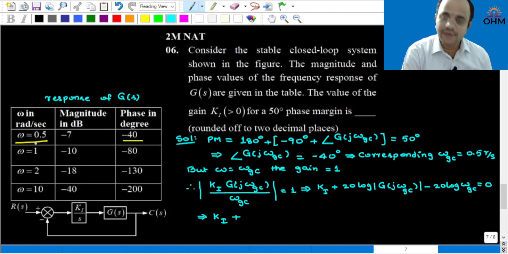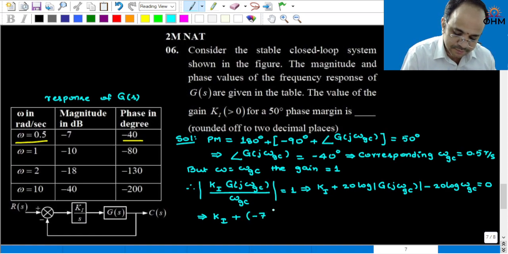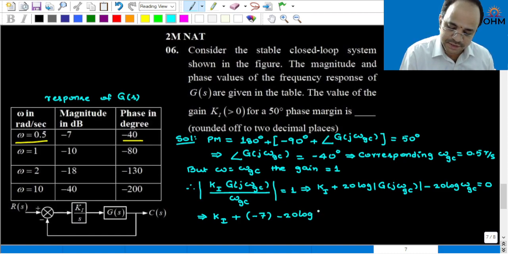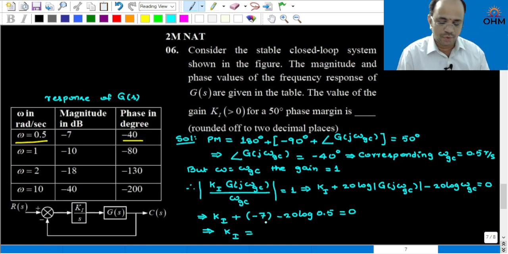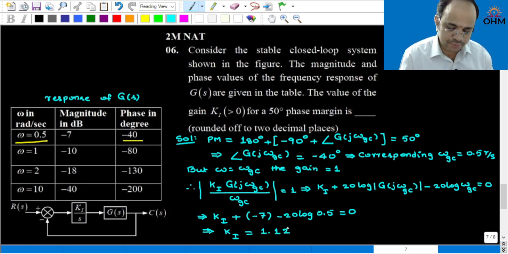At omega equal to 0.5 radian per second, the magnitude of G of S is given as minus 7 dB, minus 20 log omega GC, where the value 0.5, is equal to 0. So, by solving for the Ki value, you will get Ki equal to 1.12.